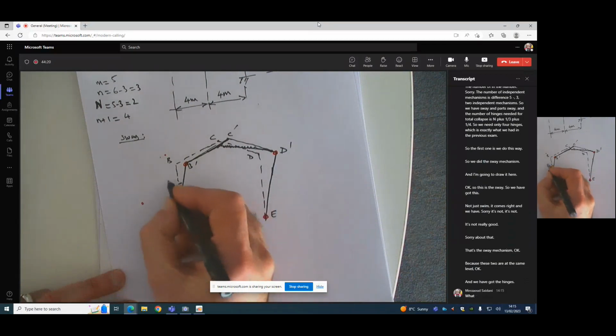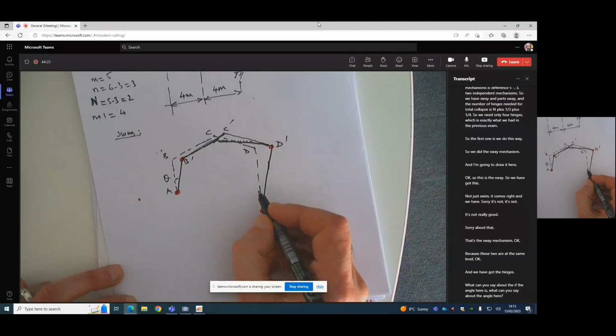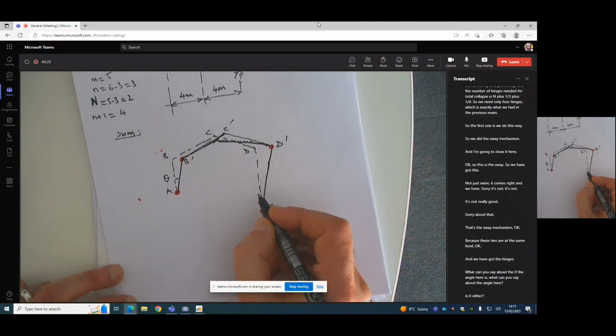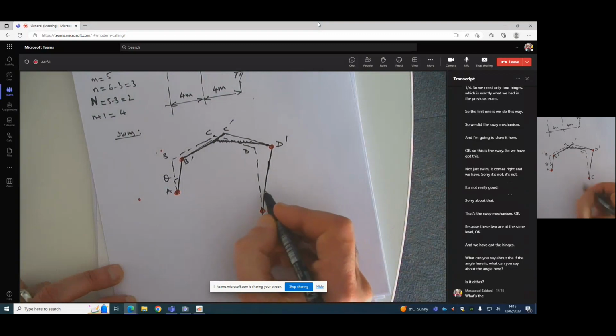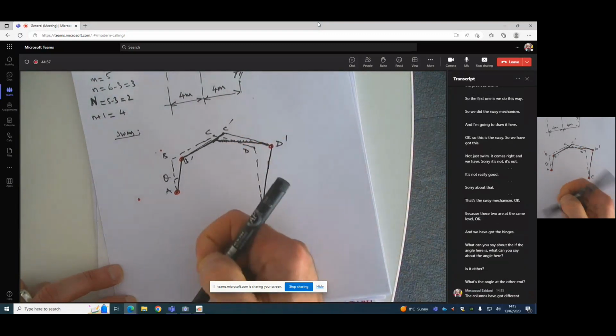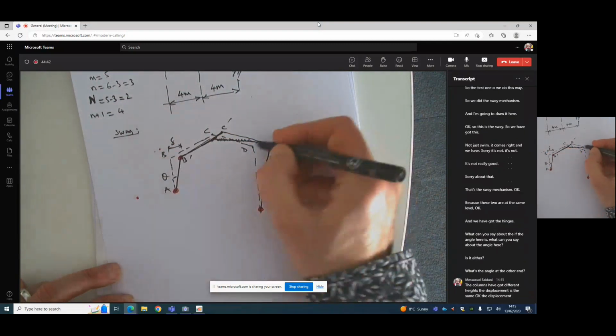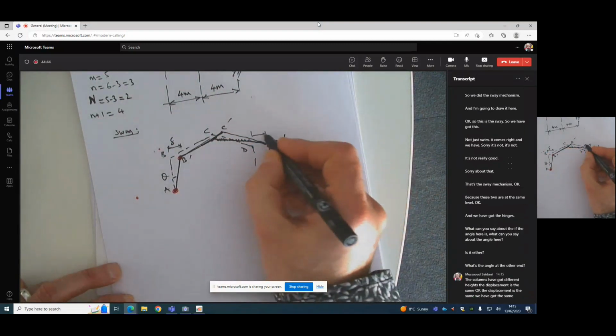What can you say about, if the angle here is theta, what can you say about the angle here? Is it theta? What's the angle at the other end? The columns have got different heights. The displacement is the same, okay? We have got the same displacement, delta.